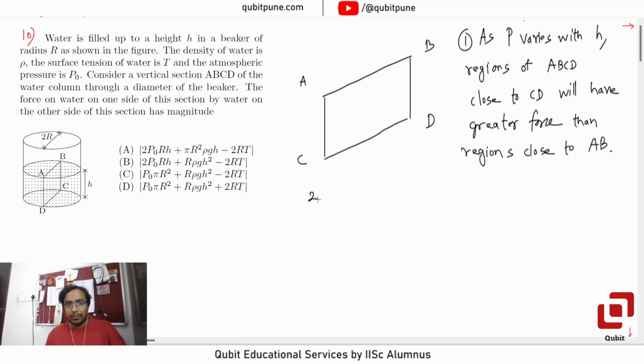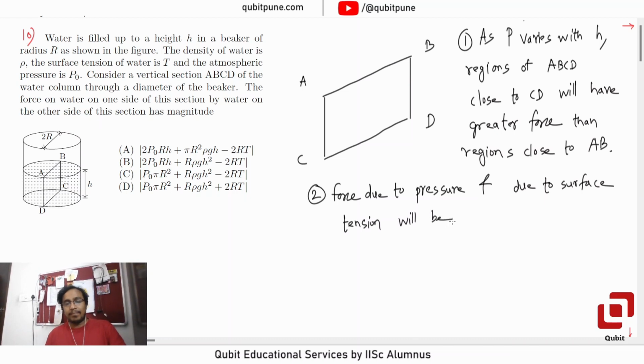Number two, the force due to pressure and the force due to surface tension will be opposite in direction. Surface tension will try to pull it, pressure will try to push it back, right?